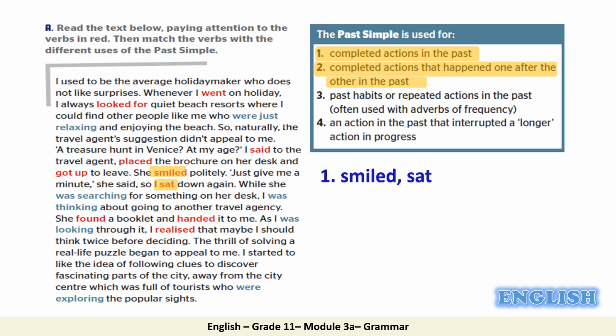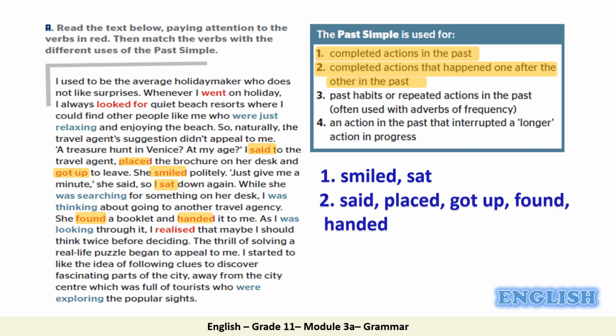Number two, completed actions that happened one after the other in the past. Here number two is matched with the verbs, yes, sit, placed, very good, got up, found, and the last one, handed. Yes, excellent. Number three, past habits or repeated actions in the past often used with adverbs of frequency.